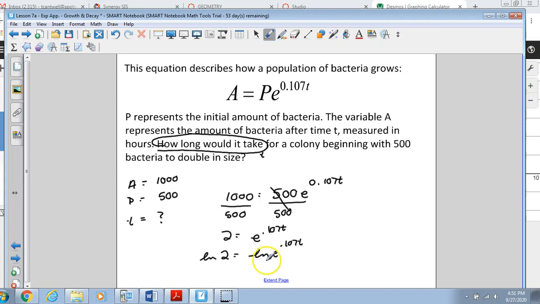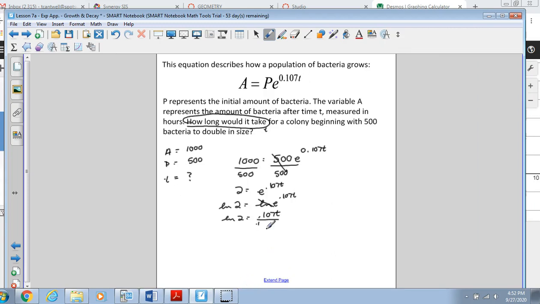So when e is the base of our log and the base of our exponent, they cancel. So the natural log of 2 equals 0.107t. Now to get that t by itself, we just need to divide by the 0.107.